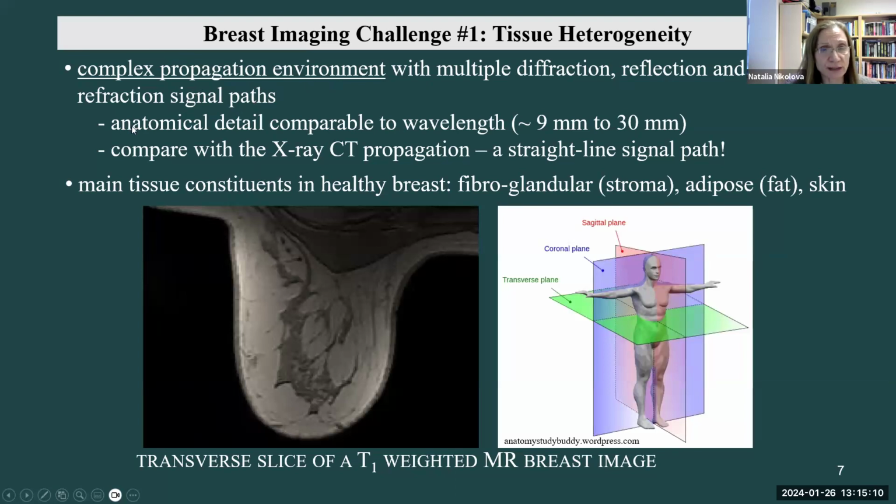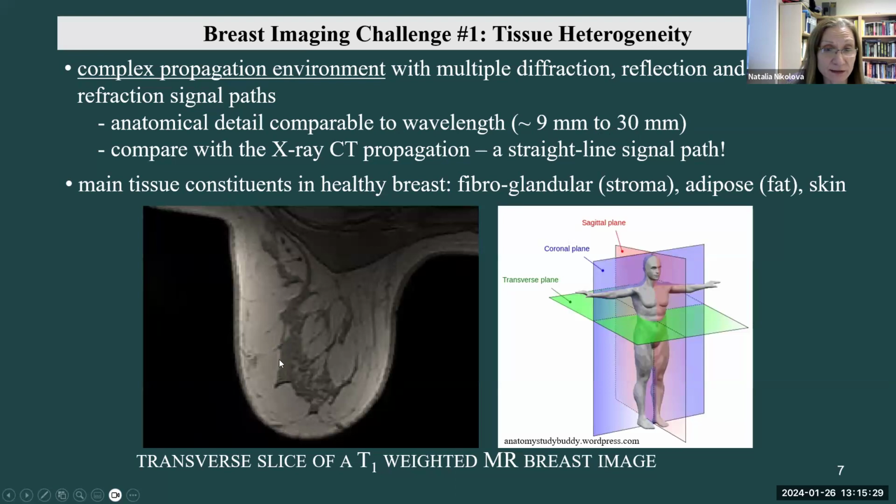This is due to the fact that the anatomical detail of the tissue composition inside the breast is on par or comparable with the wavelengths, which in tissue in the low gigahertz frequency range are between 9 millimeters and 30 millimeters.